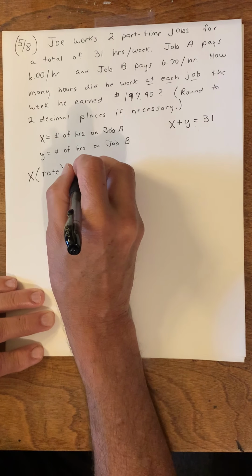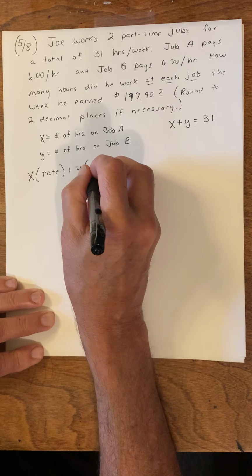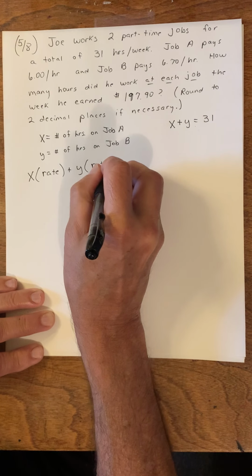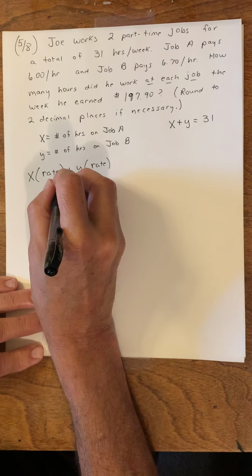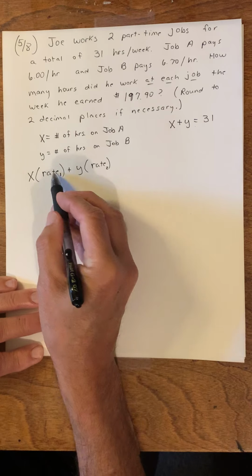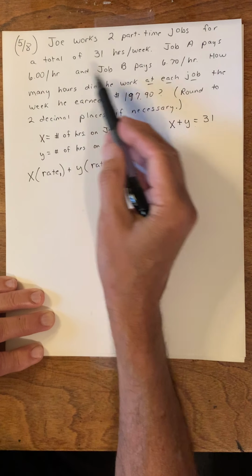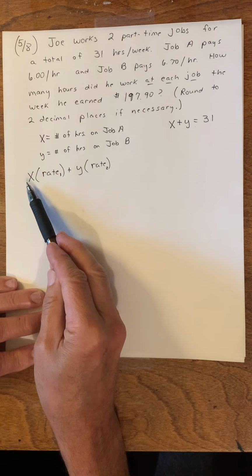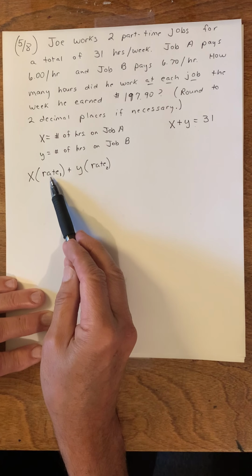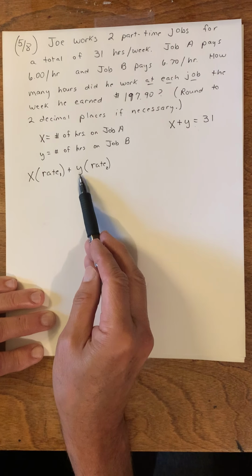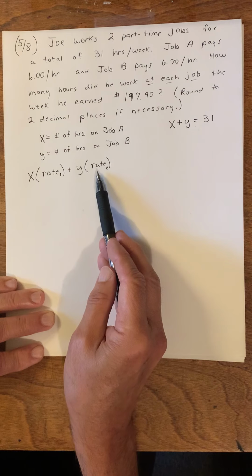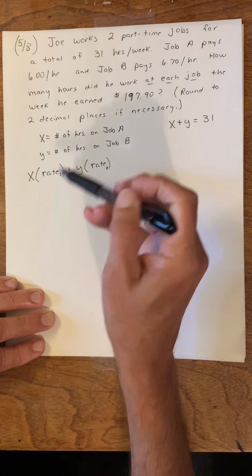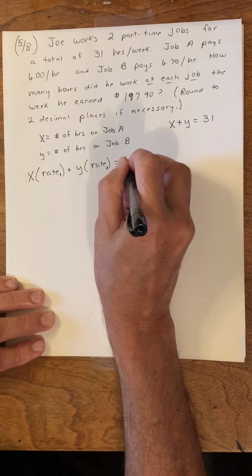Plus the number of hours he works and the rate at that particular job. I could call it rate 1 and rate 2. Because the rates are different, $6, $6.70. So the number of hours he works, how much he gets per hour, plus the number of hours he works at the second job, times how much he gets per hour, equals the total amount he gets.